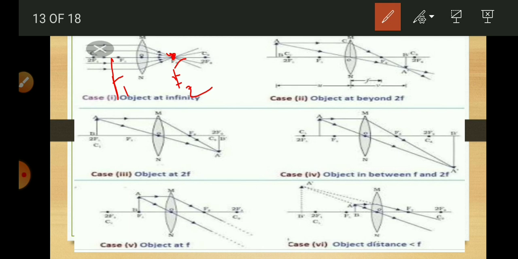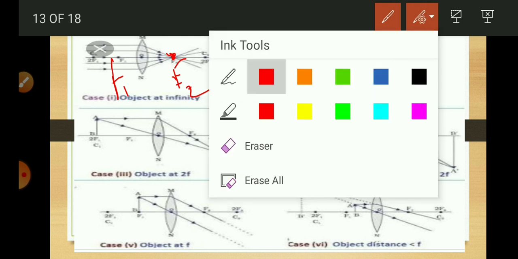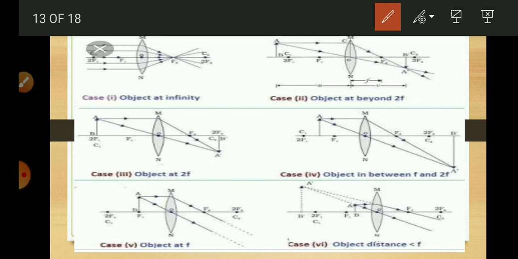The nature of the image will be virtual and erect, and the size of the image will be highly diminished, that is, you will obtain a point-size image. So this is the first case: when the object is placed at infinity, the image will form at the principal focus F2. The image will be highly diminished.